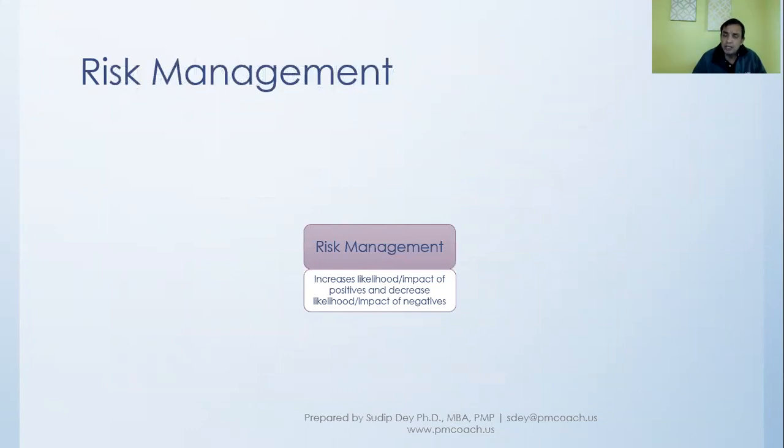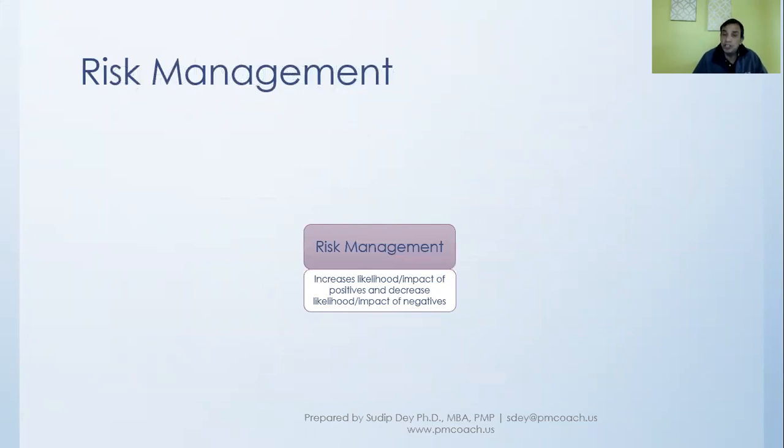So risk management is about trying to increase the likelihood and impact of positive risk when we see there can be some opportunity. This is our objective in risk management.